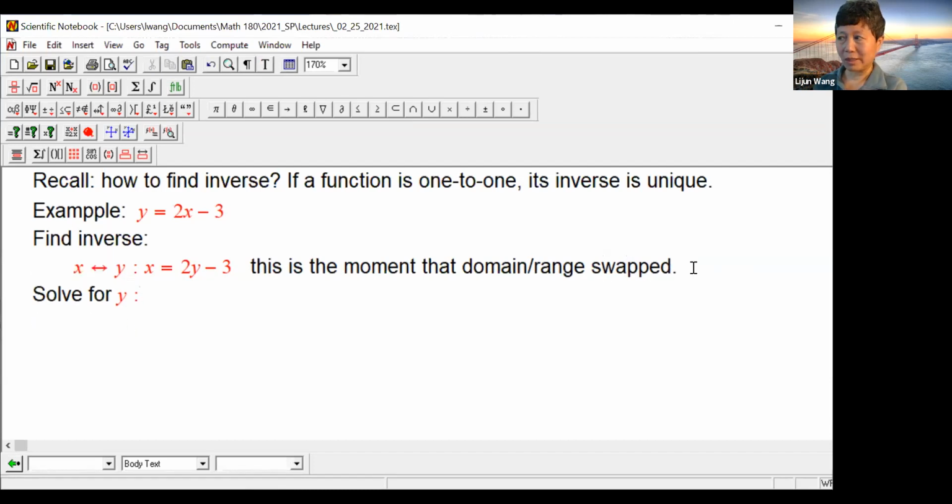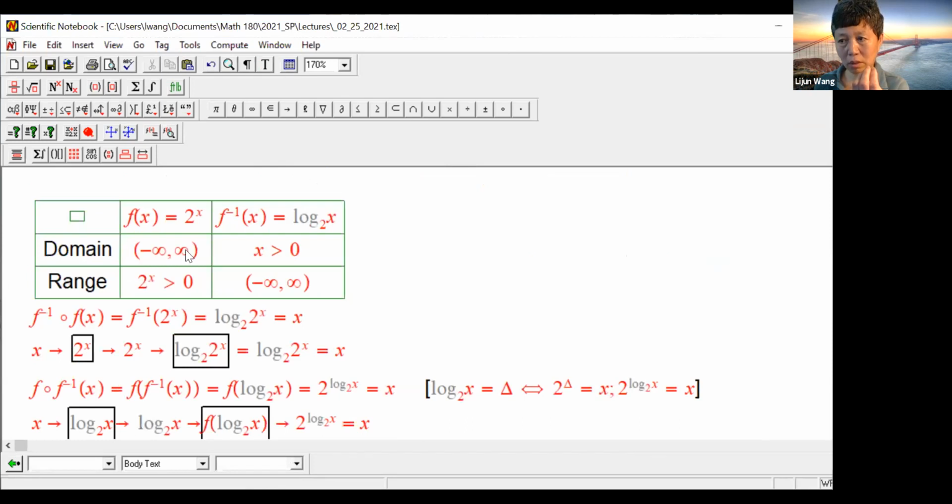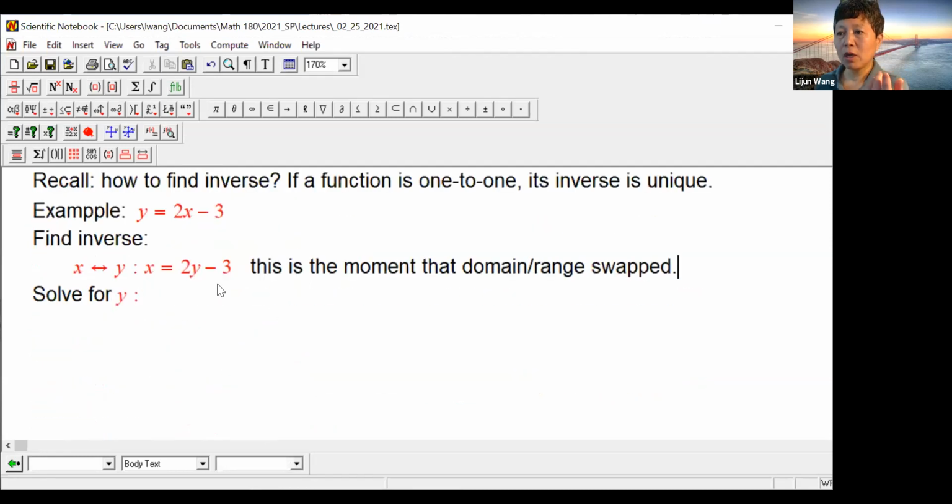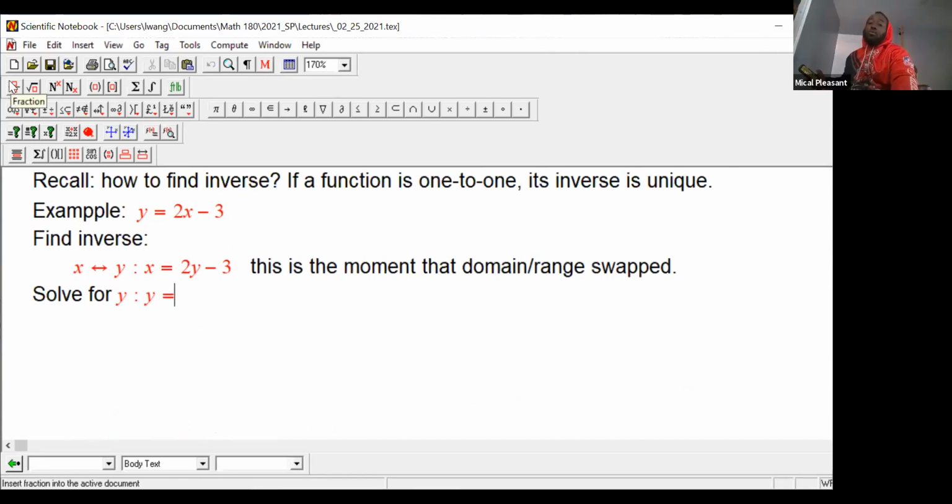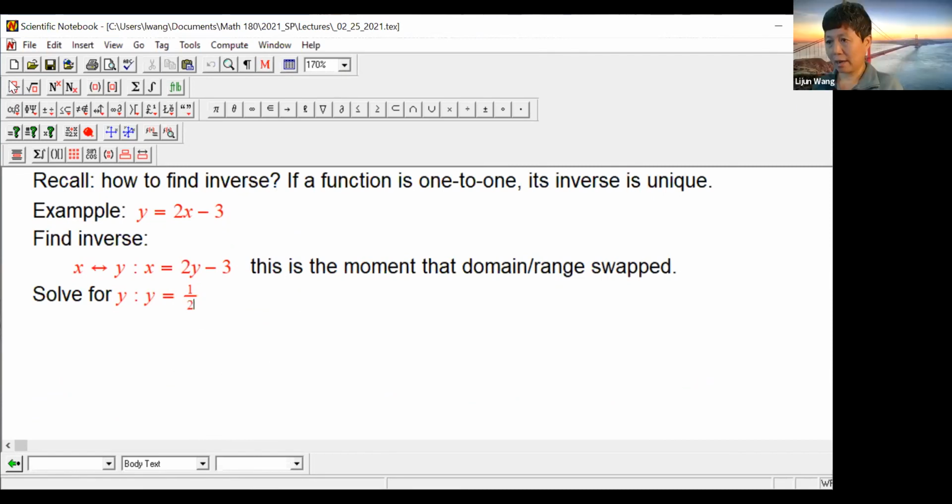The consequence of this swapping is the reason why one's domain is the other's range and vice versa. Or at least confirming it. So this is just another perspective. Can you solve for y here? y should equal what? 3x over 2. Equals to half, right?